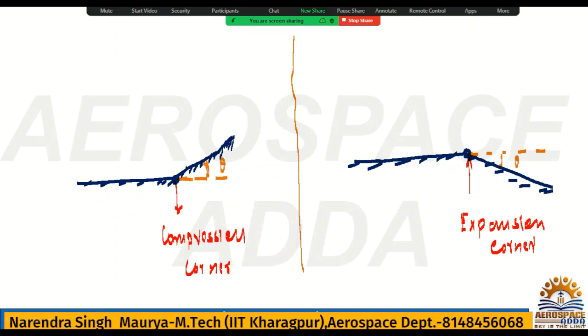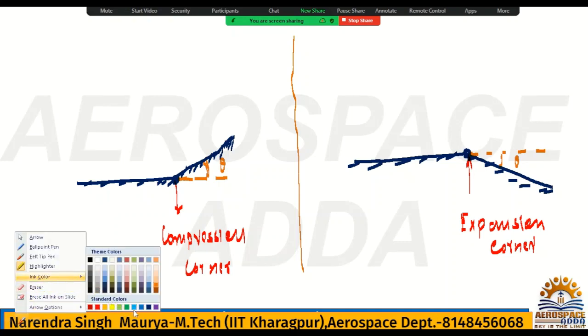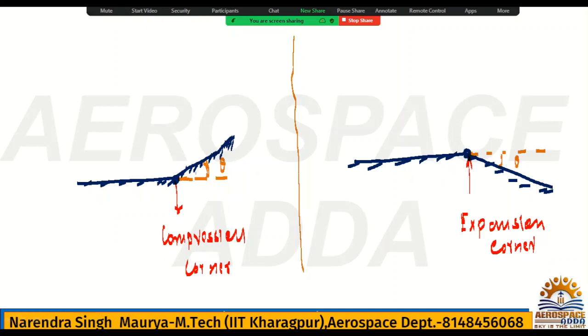So here, because it's a compression corner, what shock will be formed? That shock will be an oblique shock. So we just say this is an oblique shock, and this oblique shock angle from the horizontal is theta.